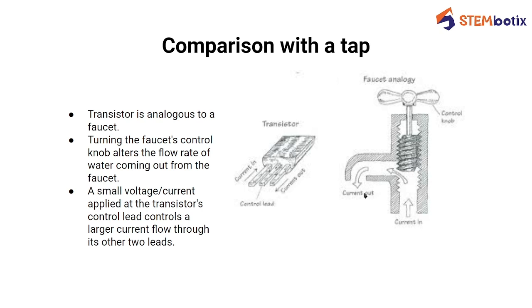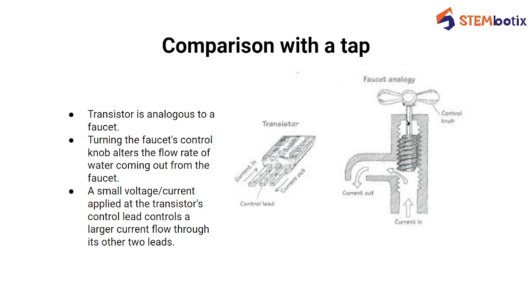A small current or voltage, meaning a small change in here, can vary the output, in terms of water. Some minor movement in an anticlockwise or clockwise direction can change a higher amount of output water coming out. Similarly, a transistor is a device which controls the current.